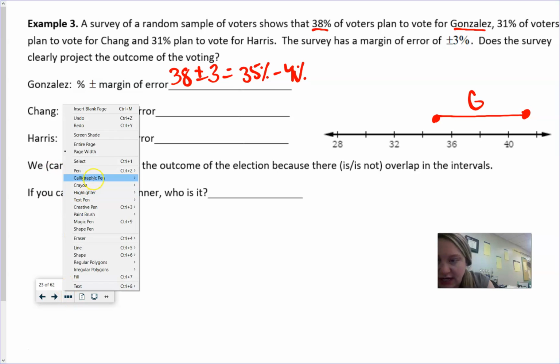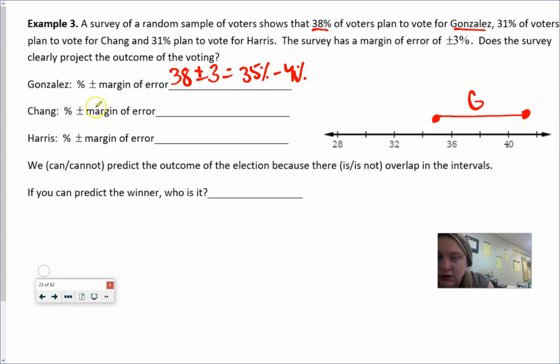All right, let's go ahead and do Chang. Chang was 31, so 31% for him, plus and minus 3. 31 minus 3 is going to be 28%, and then 31 plus 3 is going to be 34%.